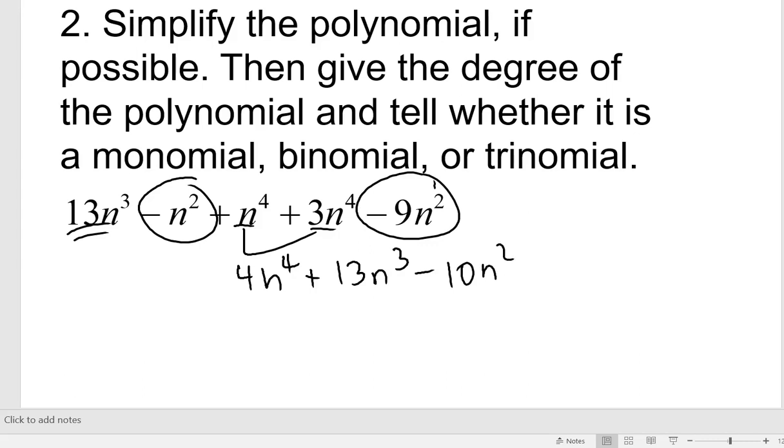Once again, descending order by power, if you can. The highest power, or the degree, is at the beginning. It has a fourth power, so this is a fourth degree function. 3 terms, so the type is called a trinomial.